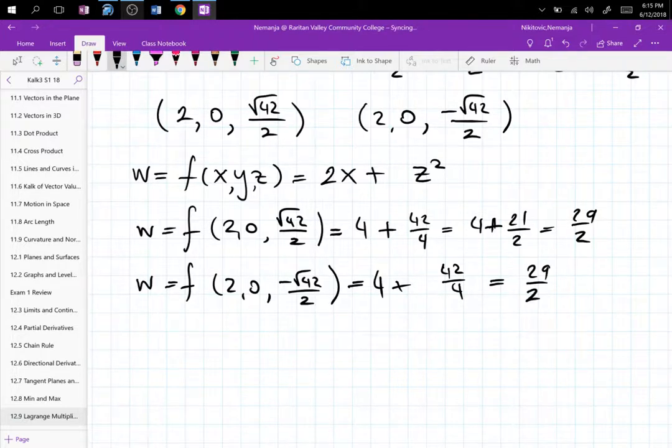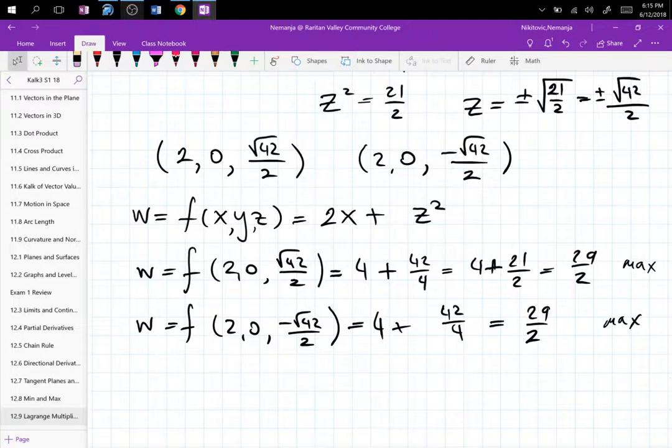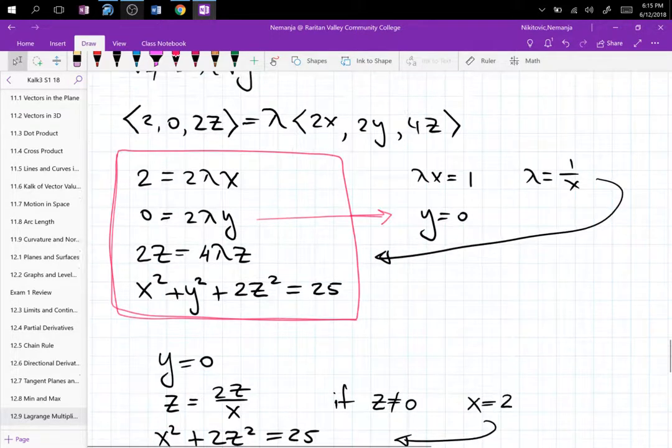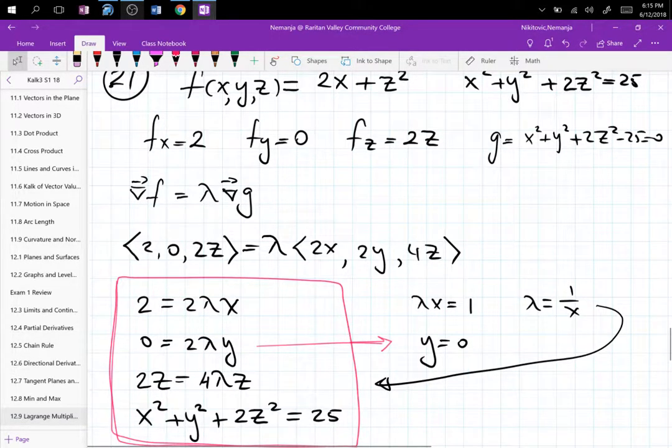So both points are max. How do you know the max one? Now let me see what's happening with the fxx.